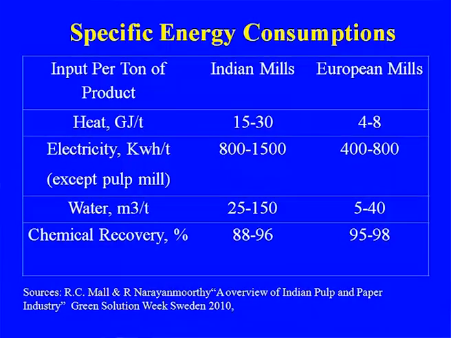This is about another parameter, the electricity and chemical recovery, which in European mills is high. In Indian mills also, some mills have a new recovery boiler, so their recovery efficiency is good. But in some of the old mills the recovery of chemicals is still less, so there is a lot of scope for going for a new recovery system, because daily we are losing chemicals.